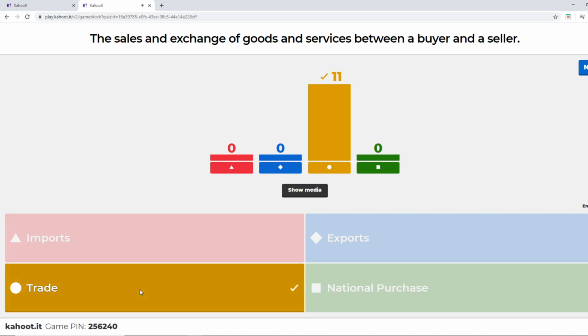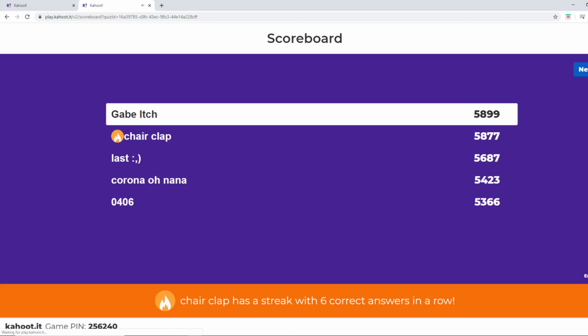In general, when you are buying and selling, that's trade.